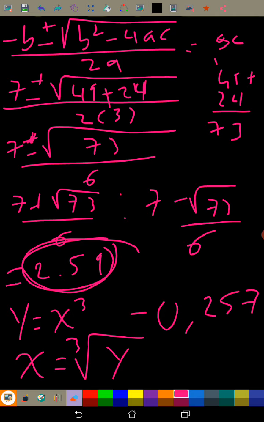Let me just retry it. So we have the root of 73, change the sign, plus 7, and I divide by 6. Yes, I got this. Now I have to find the cubic root of it, and now it's good.